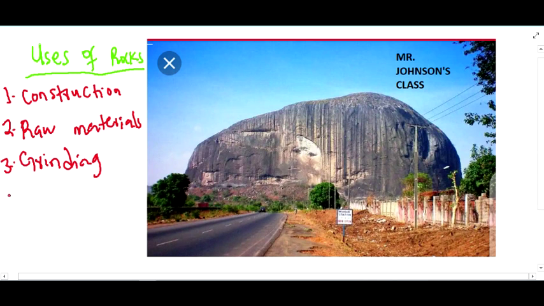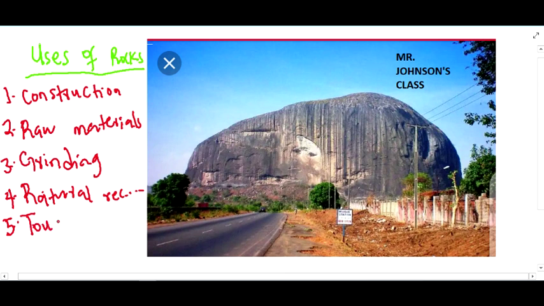Let's say for example, the organically formed sedimentary rock, the carbonaceous organically formed sedimentary rock that has petroleum. So it's a natural resource which is helping our society in economic development and all that.